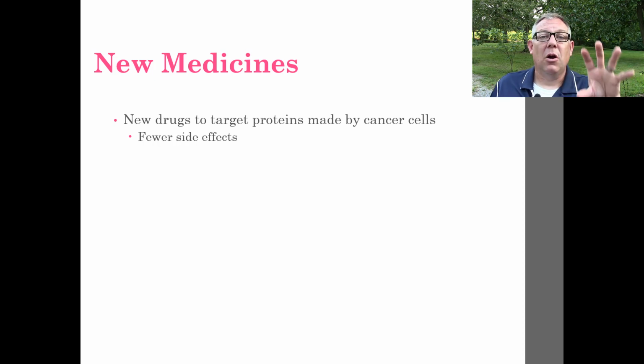And so you're not harming non-cancerous cells, you're just harming and targeting those cancerous cells. And there's lots of different ways that you can do this. But by learning more about cancer, and by studying it, and by learning more about DNA, then you can develop these new drugs, and hopefully you can lead to cures for all these different cancers. And you have much fewer side effects as well.